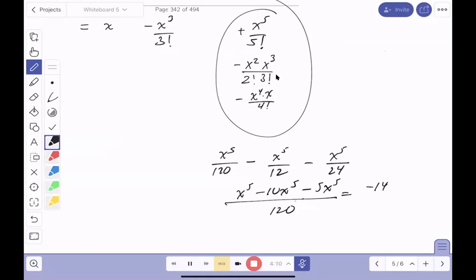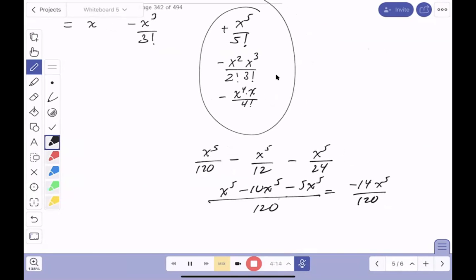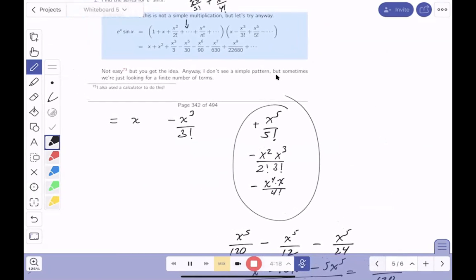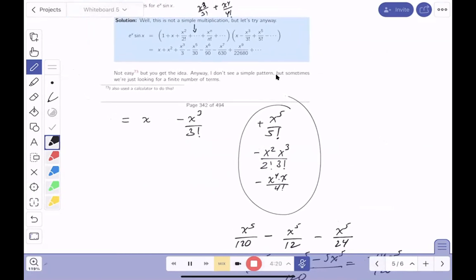Hope I didn't make a mistake again. And I think I made a mistake again. Where's that? There's a point to this. I'll get to the point in a second. Say x4.